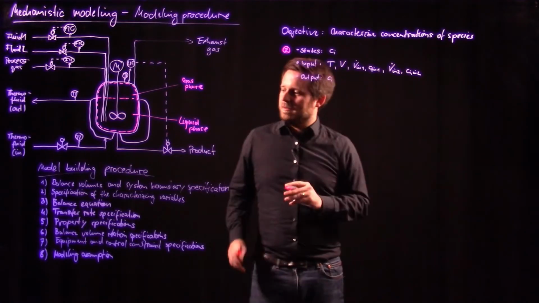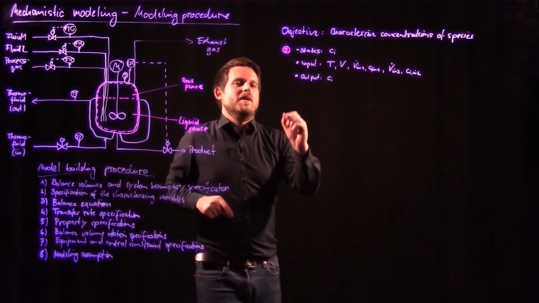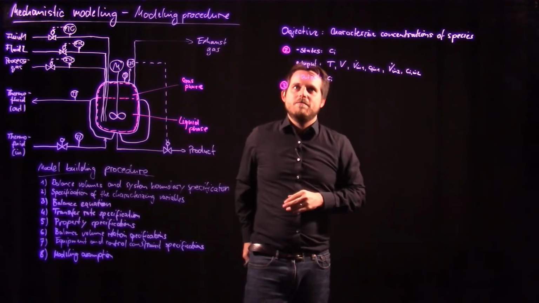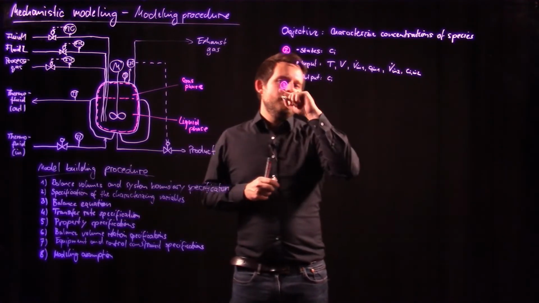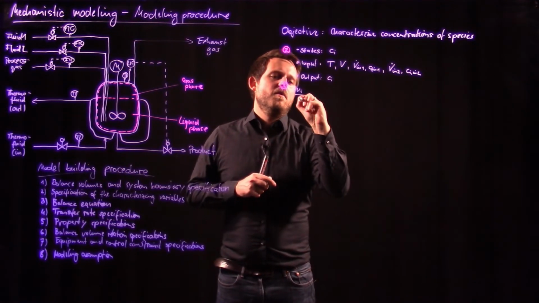After that, we look into our model building procedure. The next step, balance equations, so 3. And the balance equation we might want to consider for that is the amount of a species in terms of moles.